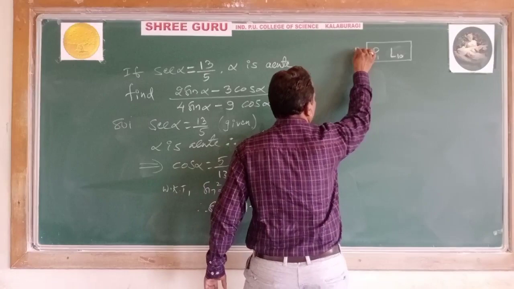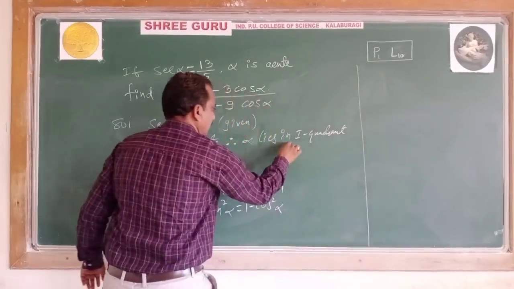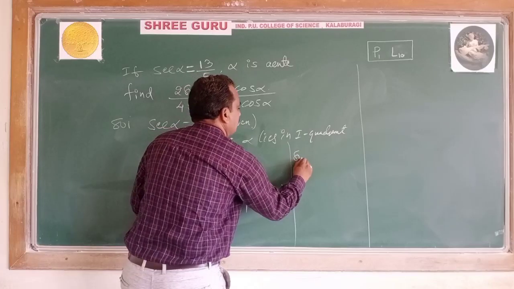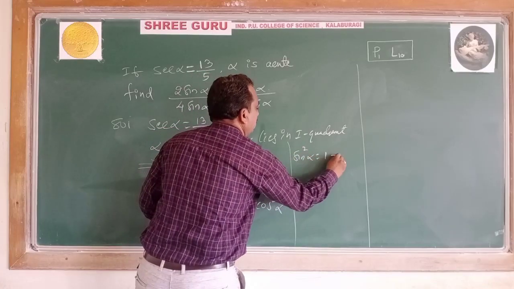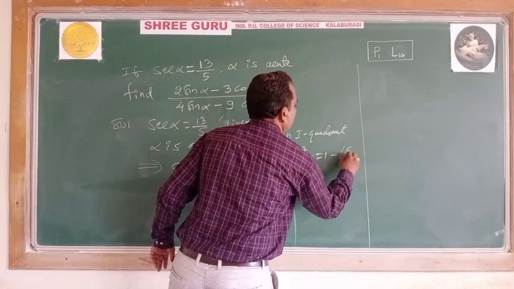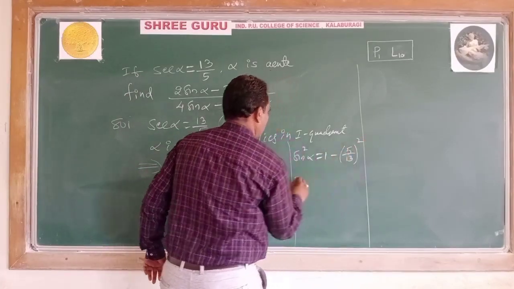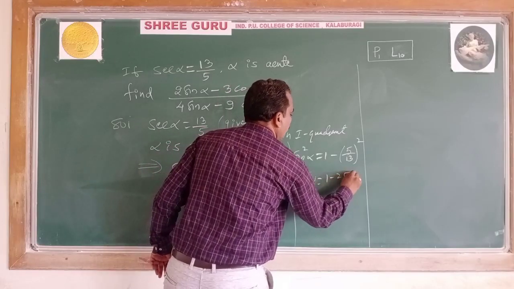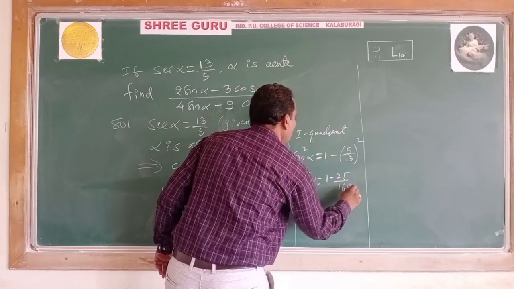What is the cos alpha value? You have 5 by 13. Therefore sin square alpha is equal to 1 minus (5 by 13) whole square, which is 1 minus 25 by 169.